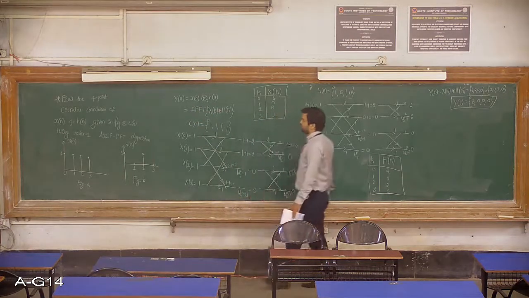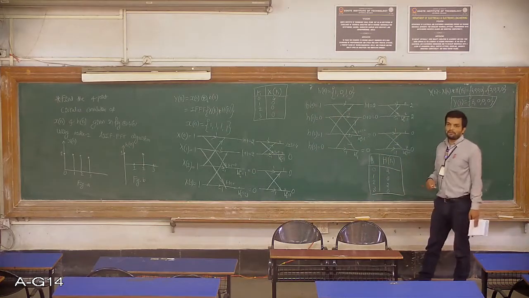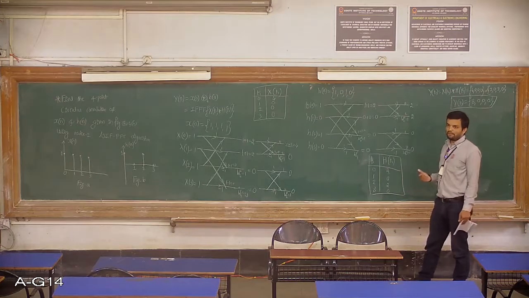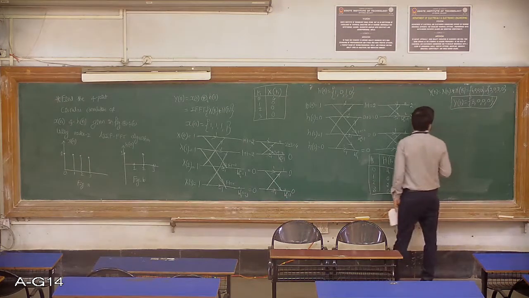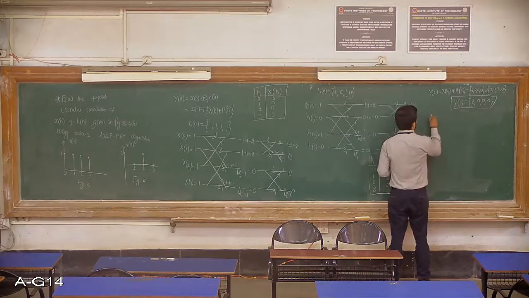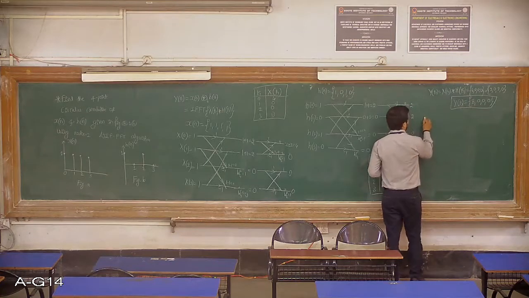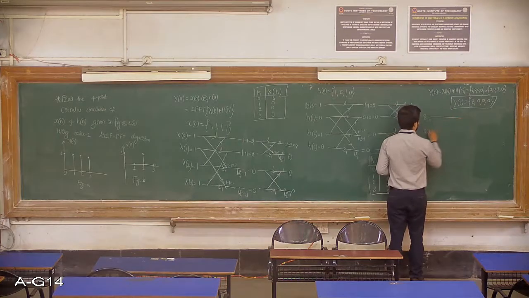So to find y of n, one more time we have to apply the DIF FFT algorithm for the y of k. So write those values: 8, 0, 0, 0.